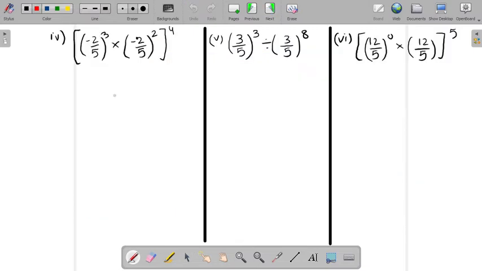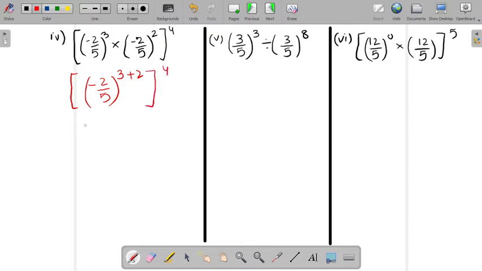In the fourth part, observe it. First we will solve the inner bracket. So by using the law, observe here, the bases are the same and the powers are different and it is in the multiplication form. So how can we write it? By using the law, we will add the powers together.